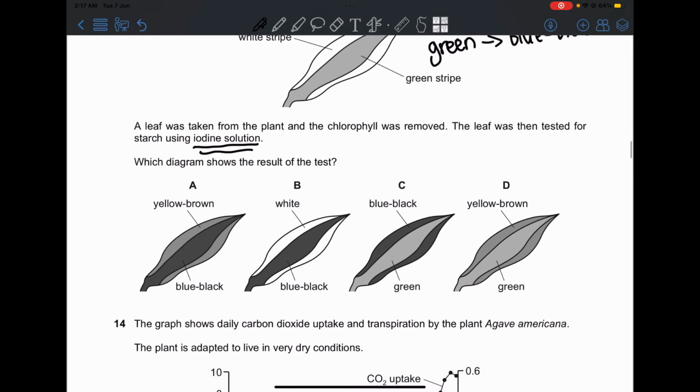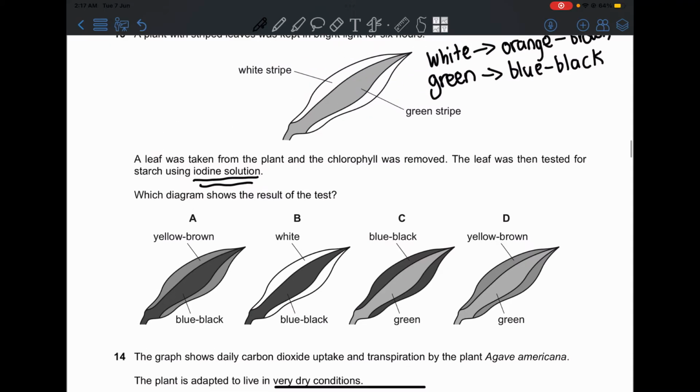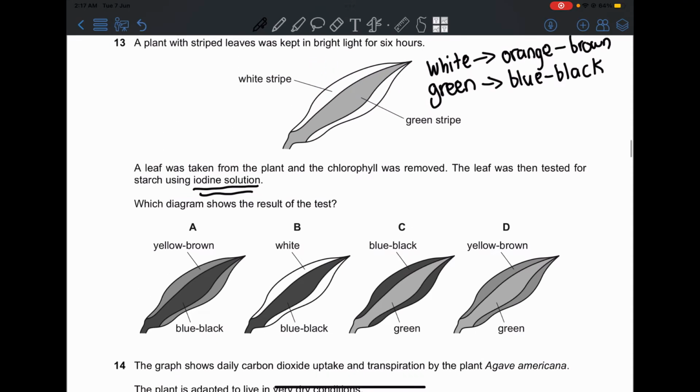So let's check the answers over here, the options. Now they're saying that this one is yellow-brown, and the white part is going to be yellow-brown, and the part in the middle is going to be blue-black. Now, this is correct because, as I said, any white over here, it's showing that the outer part is actually white over here, and this middle part is green.